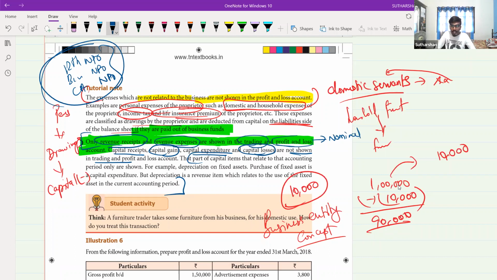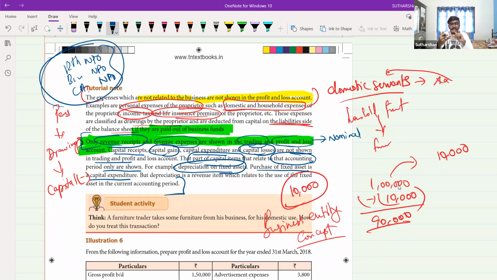The part of capital items that relates to the accounting period is shown. For example, depreciation of fixed asset, while purchase of fixed asset is a capital expenditure. ஒரு அசெட் வாங்குறேன், அதோட லைஃப் greater than 12 months இருக்கு, over a period of time எனக்கு இருக்கு அப்படின்னா I will treat it as a capital expenditure. பட் ஒரு ஐட்டம் நான் ரெவென்யூ எக்ஸ்பெண்டிச்சர் எப்படி consider பண்ணுவேன்னா, it is a non recurring capital.